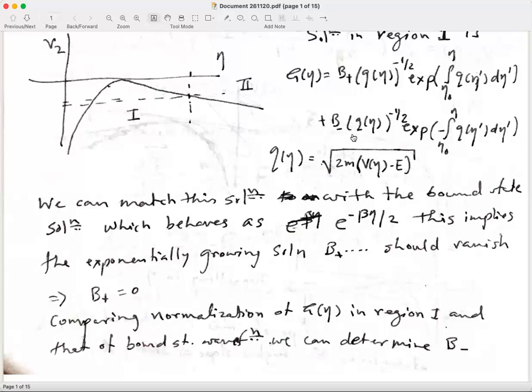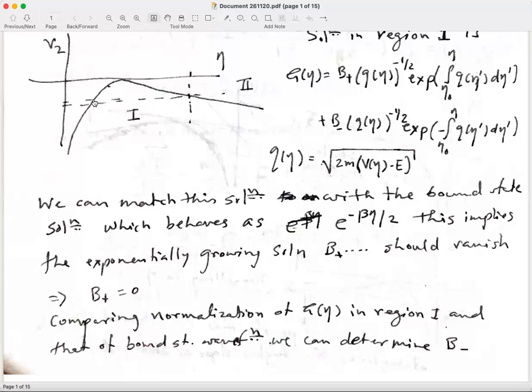I can give you another physical reason as to why B plus should be zero. If you are looking at a problem where the particle is tunneling through a classically disallowed region, there is no way that the wave function is going to be exponentially growing.